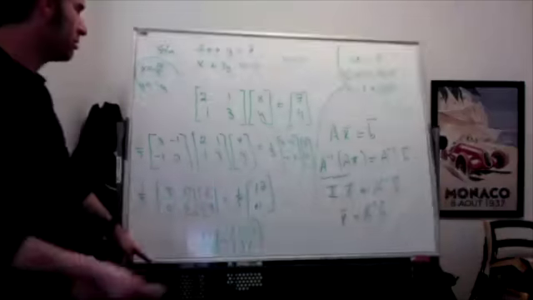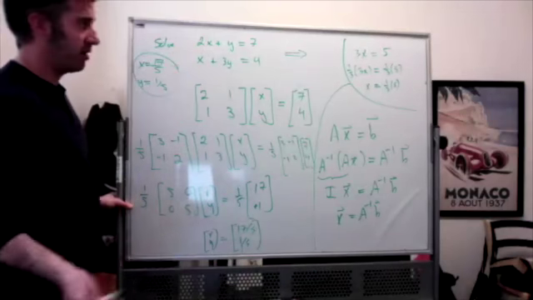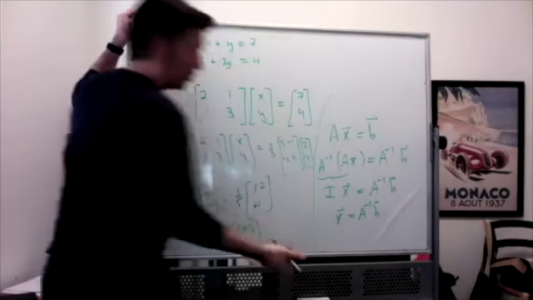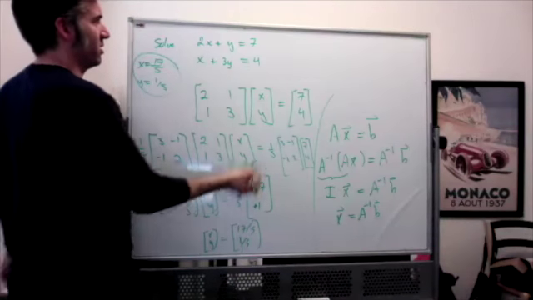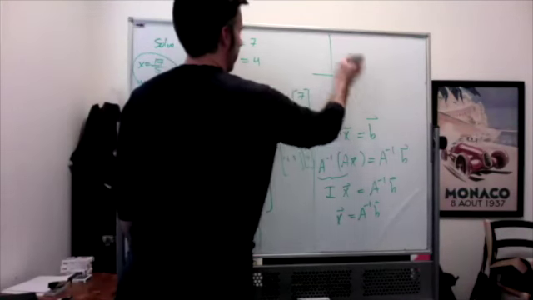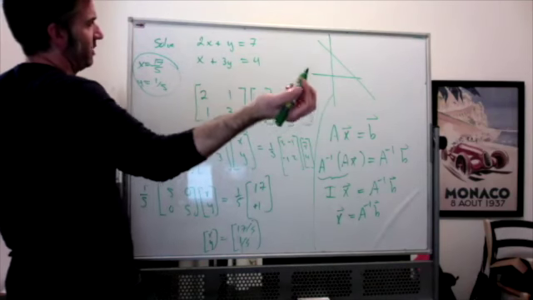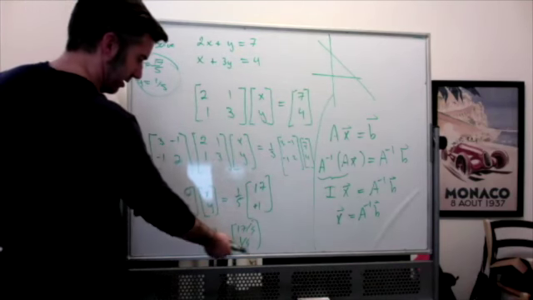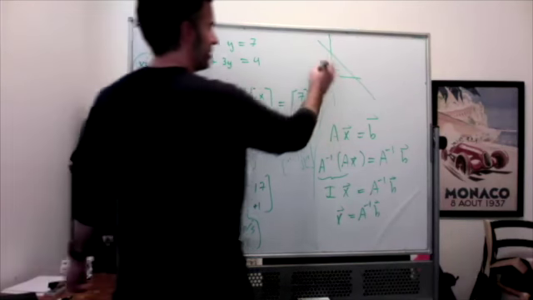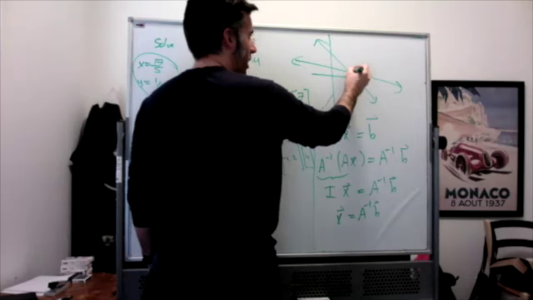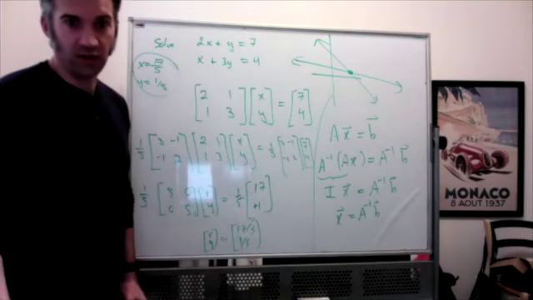Whereas over here, when the matrix is invertible, the equations are not parallel lines, and solving them is like finding where two non-parallel lines intersect, at the one point of intersection of these two lines.